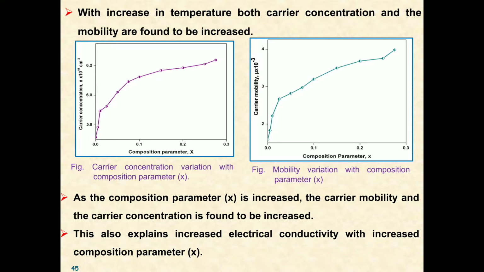In the first graph, there is the carrier concentration variation with composition parameter, and in the second graph, it is observed that there is the variation of mobility with composition parameter X. As the composition parameter is increased, the carrier mobility and the carrier concentration are found to be decreased. This also explains increased electrical conductivity with increased composition parameter X.